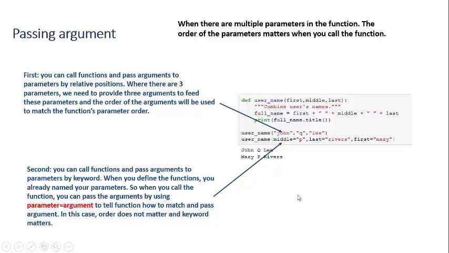So that's 2 different ways you can pass arguments. When you write your own function and do the exercise in today's homework, you're going to learn and practice passing arguments both by position as well as by keywords.